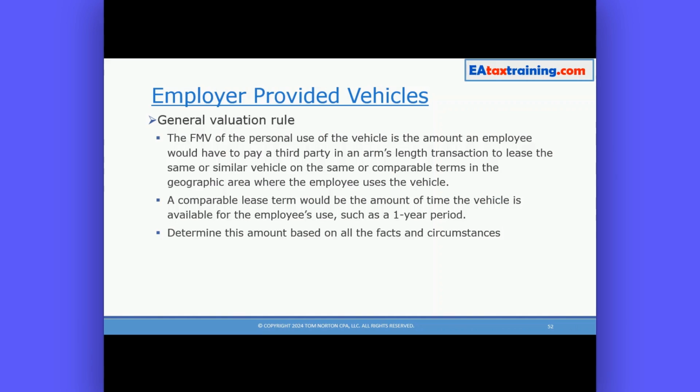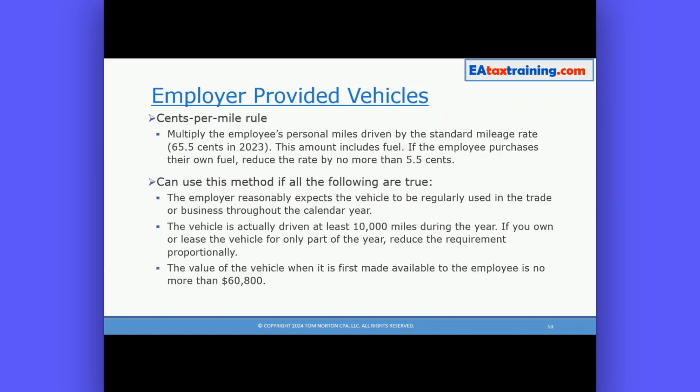And you have to go out and do some research and figure out how much you would actually pay in their geographic area to use that particular car for that particular period of time. And it takes a lot of work to figure this out and to be able to document this to the satisfaction of the IRS. So it's not actually used that much, but for purposes of the exam, you need to understand generally what it is, the general valuation rule.